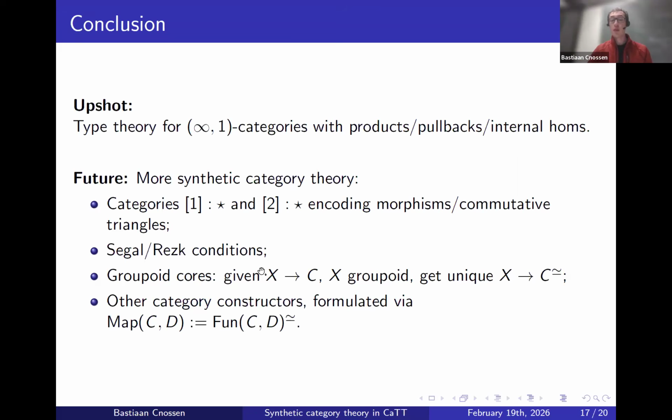A next step would be to formulate the notion of a groupoid and then the groupoid core. And this again would be formulated in the language of CaTT. It would say that if you have a map into a category from a groupoid, you get a unique map that maps into the groupoid core.